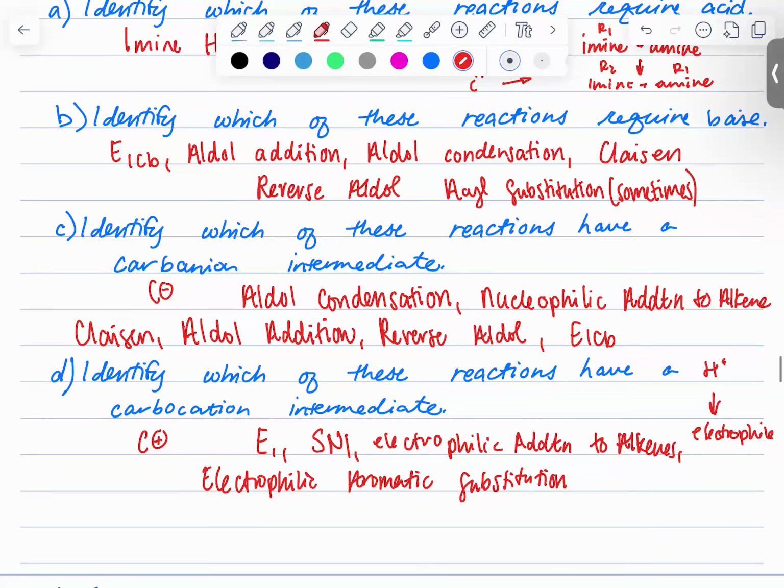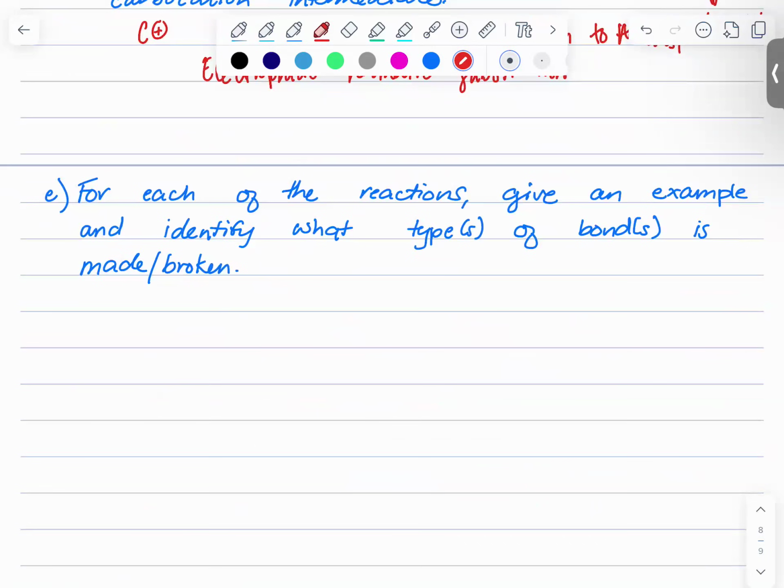So the last part of this question I had was for each of the reactions, give an example and identify what type of bond is made or broken. Rather than spend time drawing all of them out, I'm just going to go by name.